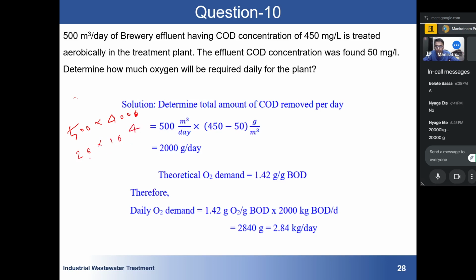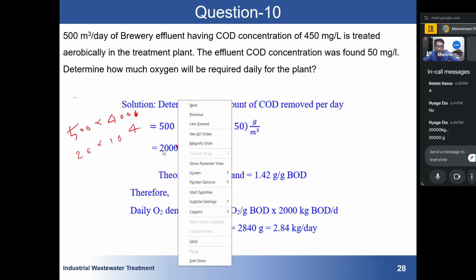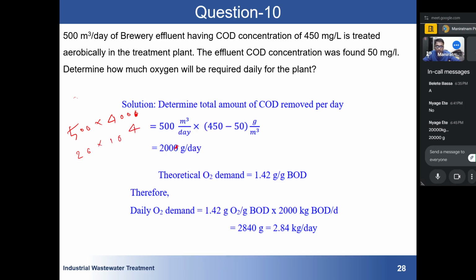So it will be 200 kg. How much will it be? It will be just 200 kg. Okay, 200 kg it will be.